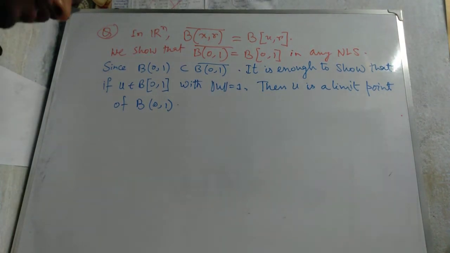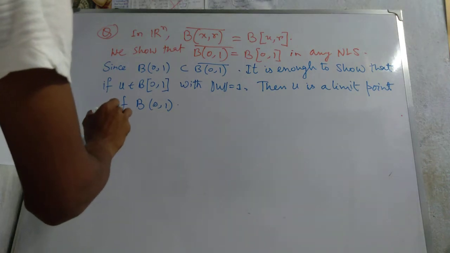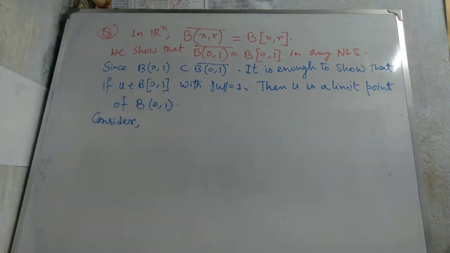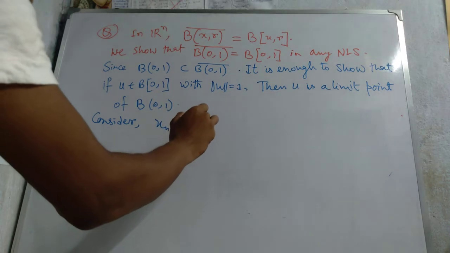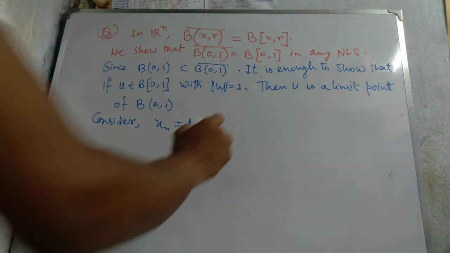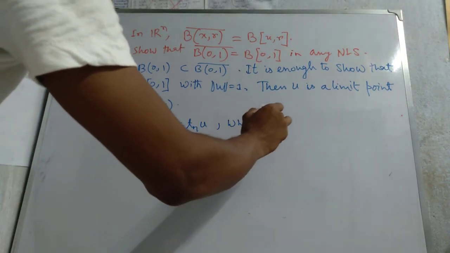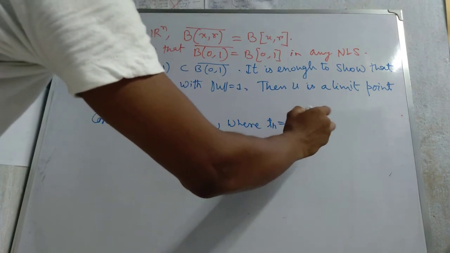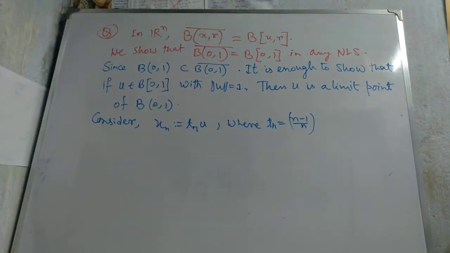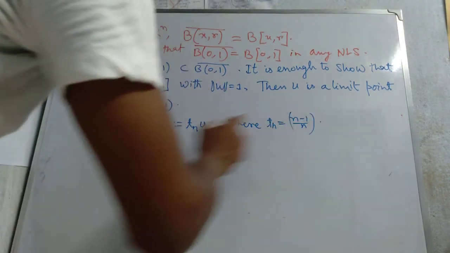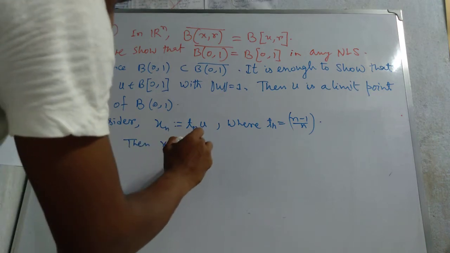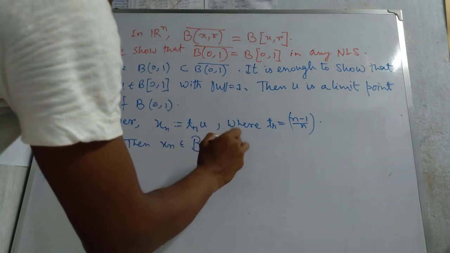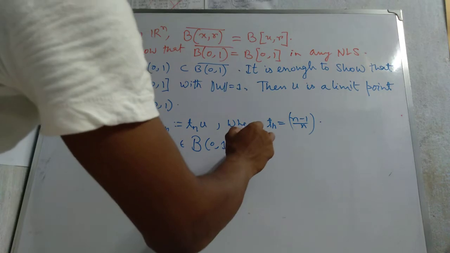Now we consider x_n equal to t_n u, where t_n equals (n minus 1) by n. Then x_n belongs to B(0, 1) and x_n tends to u.